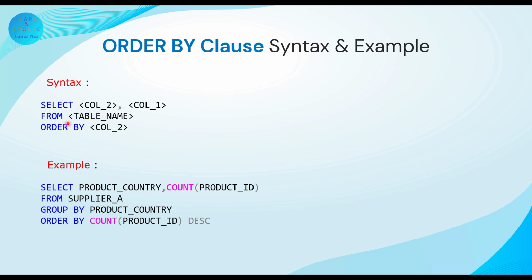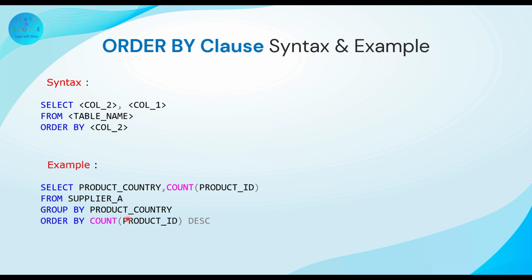The order by clause is straightforward: you select the columns from the table, then order by whatever column you want. It can be numeric or text. If it is numeric, it will sort in ascending order. If it is text, it will sort in alphabetical order. You can change the direction with the ascending or descending keyword. I'm using this order by clause along with group by, which is why I took the group by clause in the previous slide, so that you get a fair understanding.